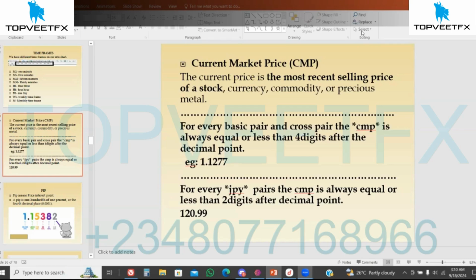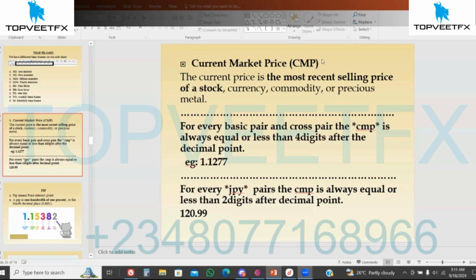And for every basic pair and cross pair, remember in our previous video, if you have not watched them, go and watch all the way from the beginning, where we talk about the types of currency pair, so you understand what we mean by basic pair, cross pair, and exotic pair.